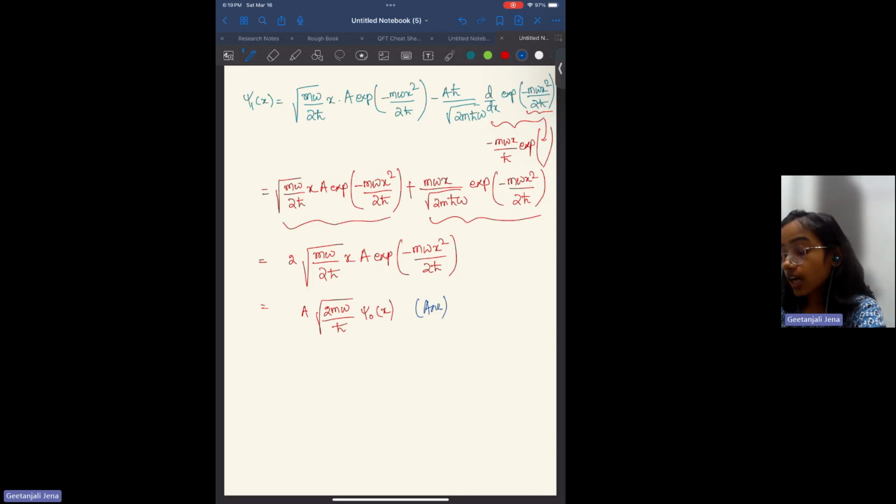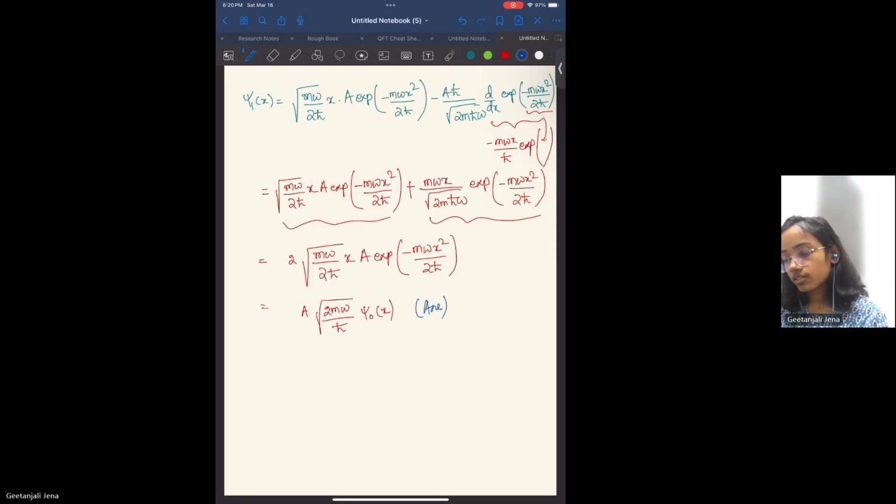This is how you can calculate the position representation in any state n if you are given the ground state. If the ground state is given, then by using the raising operator expression, you can easily find the position representation of a higher excited state. In this problem, I have calculated it for the first excited state.